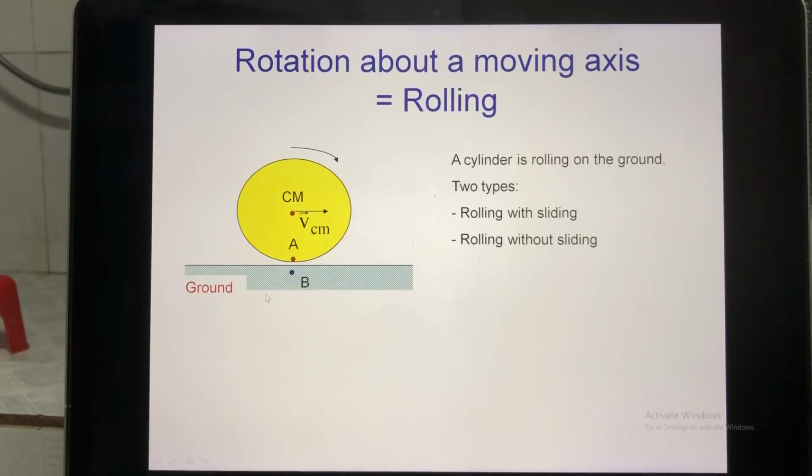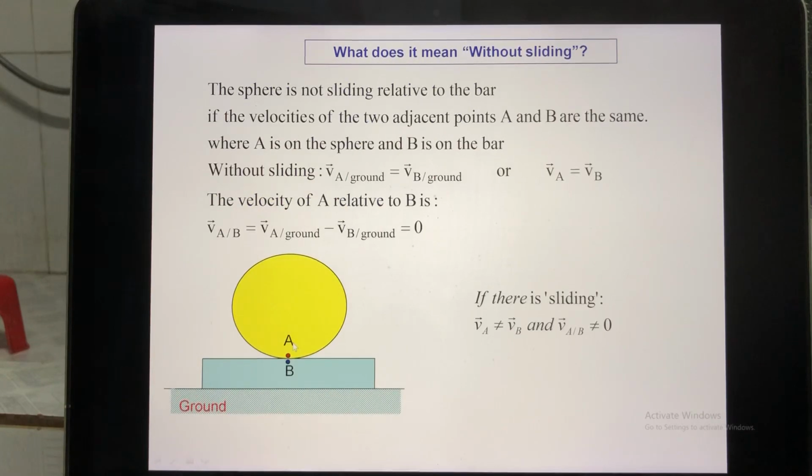If the velocity of A with respect to the ground equals the velocity of B with respect to the ground, then in this case we don't have sliding of the yellow one on the blue one. Okay.